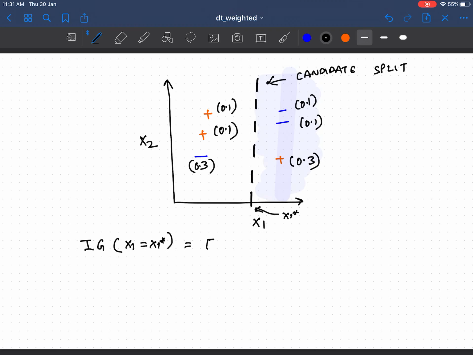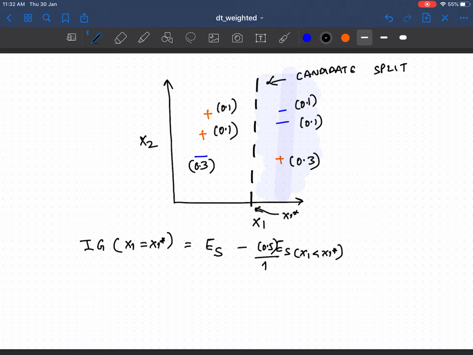So this is going to be the entropy of the set of samples S minus the weight of the samples on the left-hand side, multiplied by the entropy of the reduced set of samples x1 less than x1 star. This whole term is going to be weighed by the sum of the weights, which is 0.5, over the sum of the weights for the entire set.